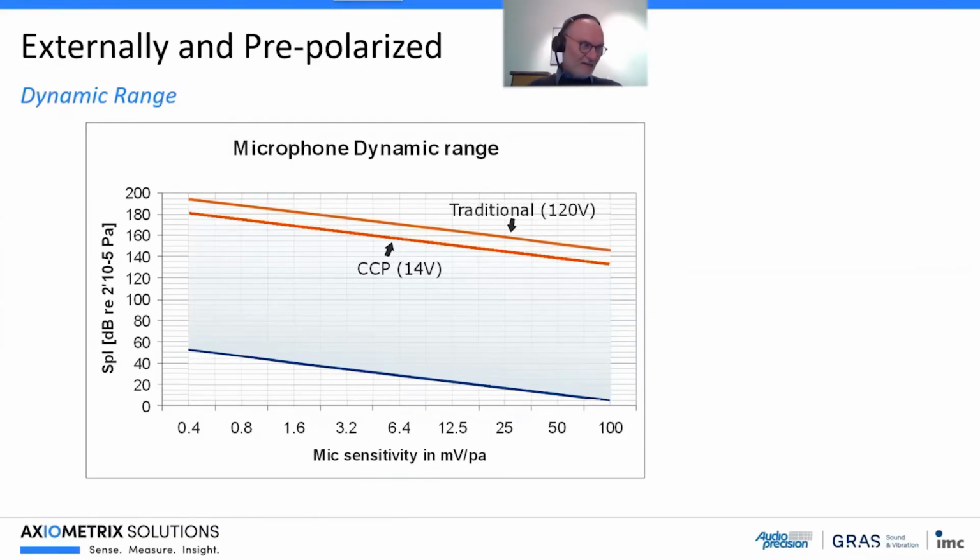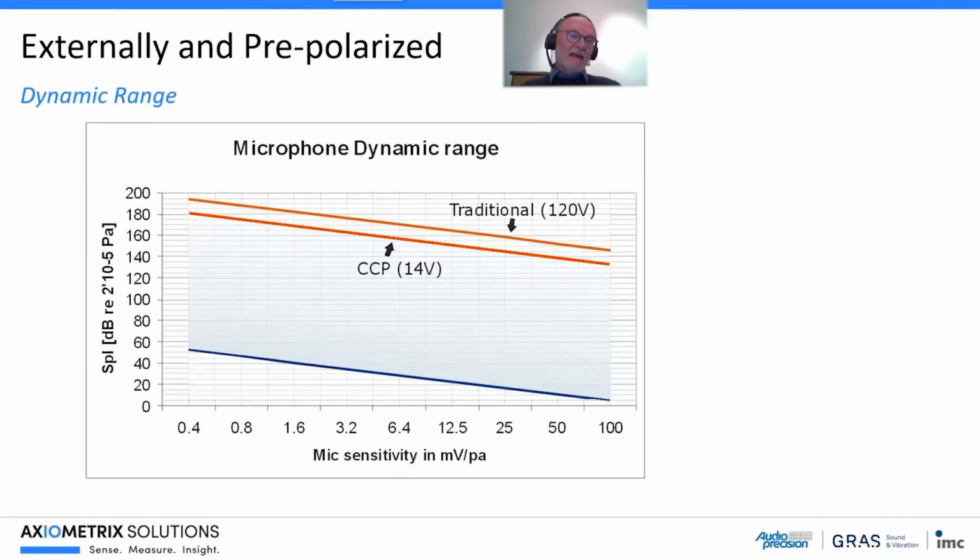They will have the same noise floor at the bottom and the same upper limit at the top for the microphone capsule itself. But we will see some limitations, and the limitations are more related to the types of preamplifier we are using together with the microphones.